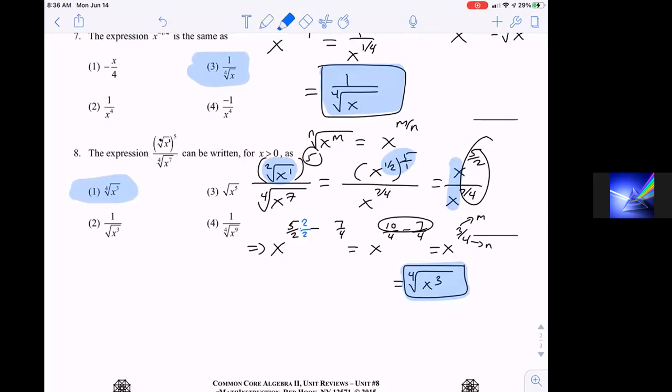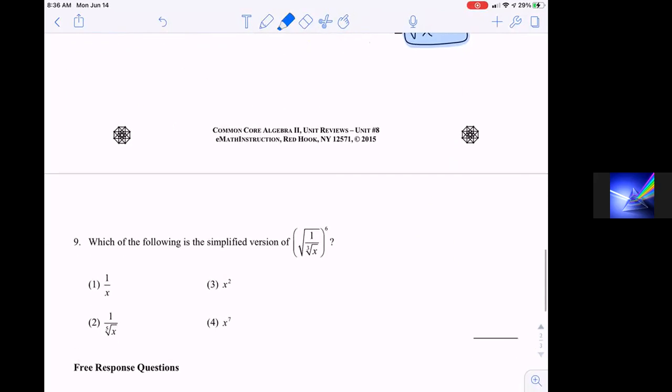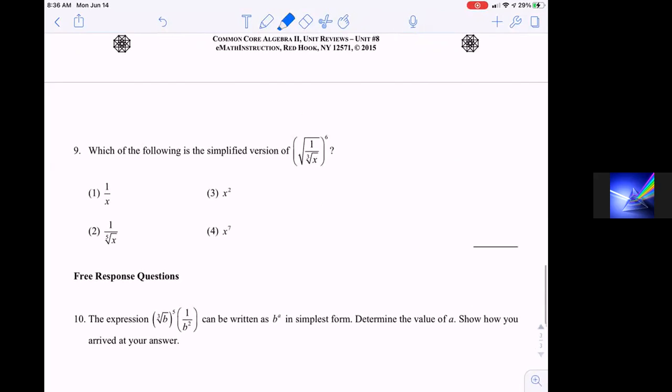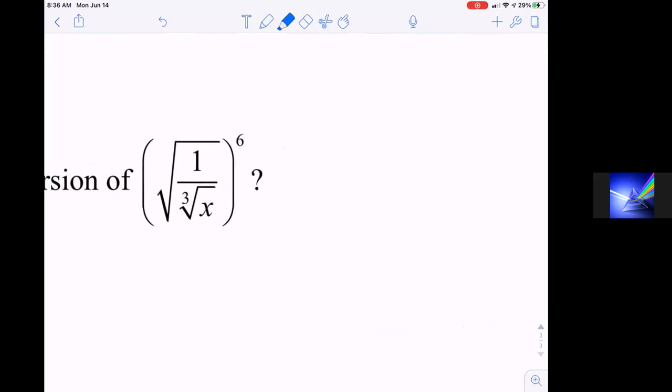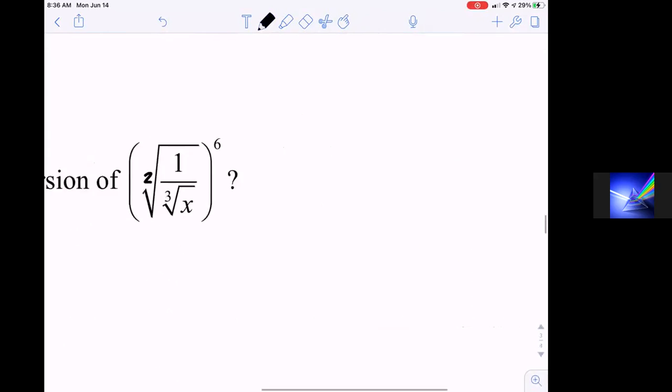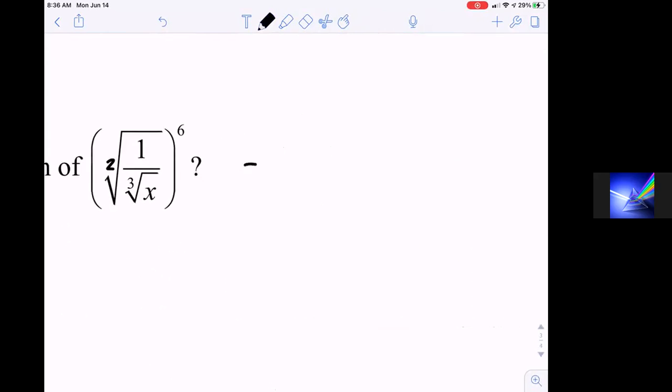All right, second page. So which of the following is a simplified version of that? Wow, that's a lot going on there. So first things first, this big thing right here, that's a square root. So what I'm going to do is rewrite everything.